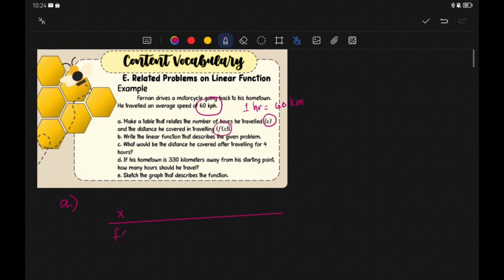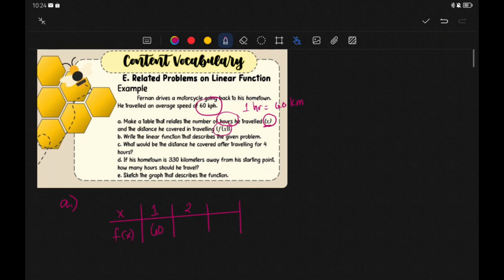X and f of x. So for 1 hour, which is the hours he traveled x, he traveled 60 kilometers.